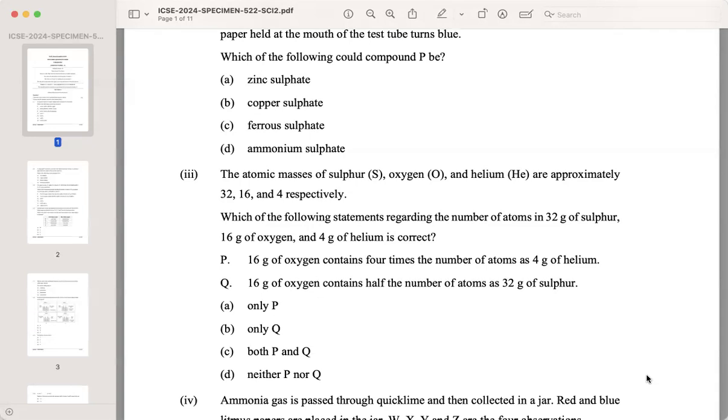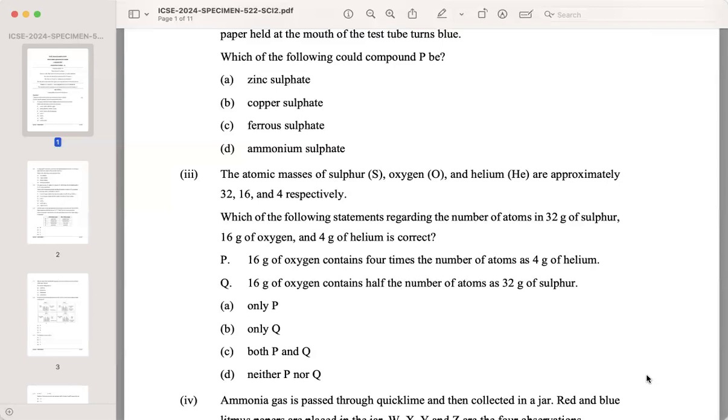Now, P is saying 16 grams of oxygen contains 4 times the number of atoms as 4 grams of helium. Now, we need to recall the statement of Avogadro's law, which very clearly says that 1 mole of any gas at STP will have the same number of atoms, that is 6 into 10 to the power 23, or molecules or ions.